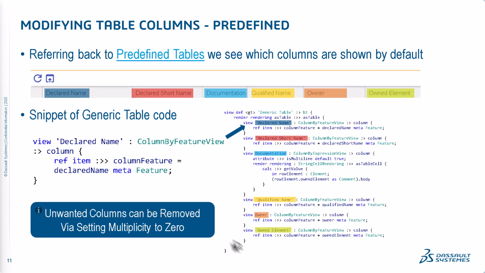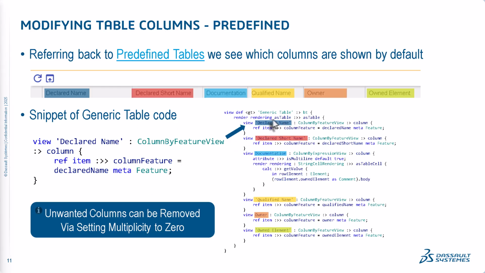To get to this snippet in the tool, we would be going to our generic table, and we can go to definition, and then you would see in our DS libraries the definition of this generic table here. So we can see we get these 6 columns, and we can either go directly to a feature, or we can use an expression, and we'll go into more detail on that in the next slide.